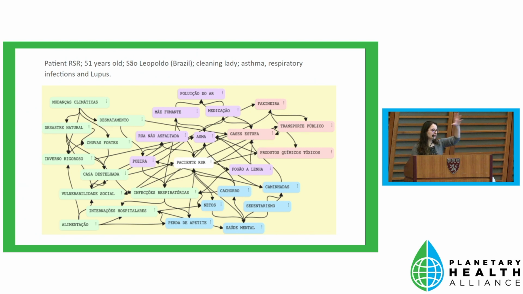So they had to connect with air pollution, with heat stress, with mental health, deforestation. It was, I think, in total like 10 planetary health words they had to connect.